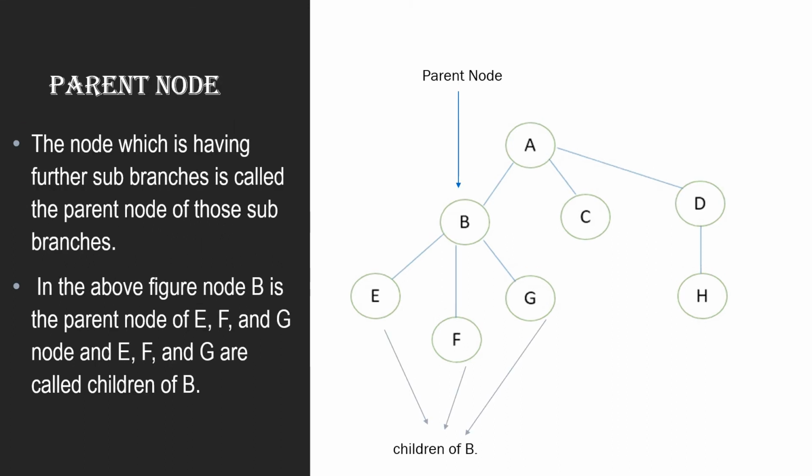Next term is parent node. The node which has further sub branches is called the parent node of those sub branches. In our diagram, B is the parent node of E, F and G, and E, F, G are the children of B. Also B, C, D are the children of A, and A is the parent node of B, C and D.